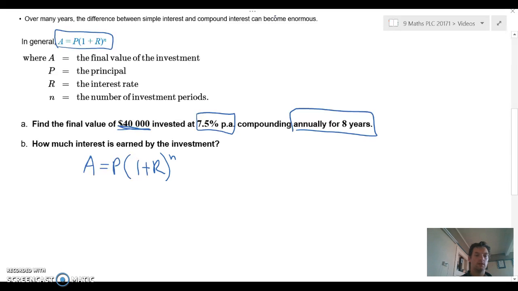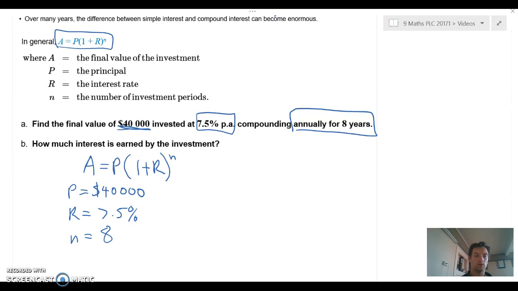We don't know what A is, but the principal is equal to $40,000. The interest rate is 7.5%, and the number of investment periods, N, is 8.